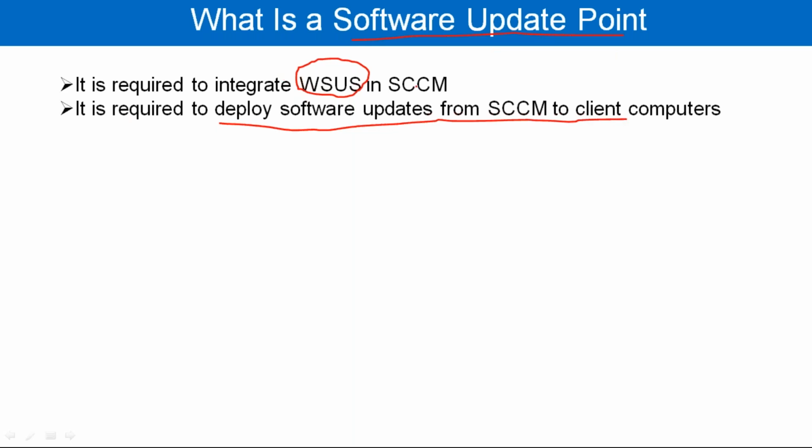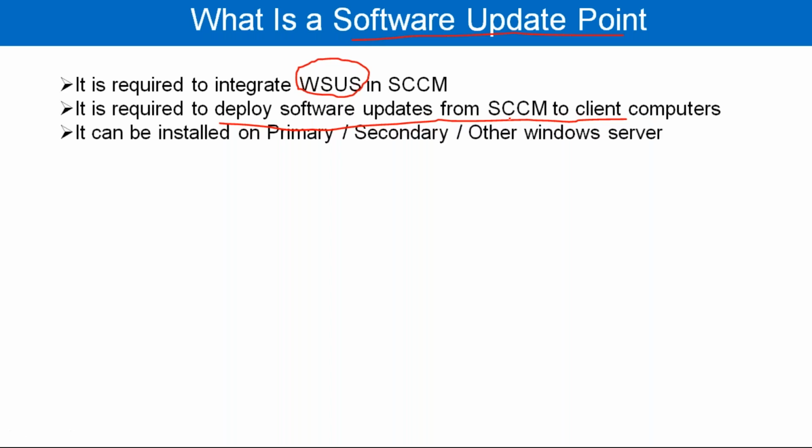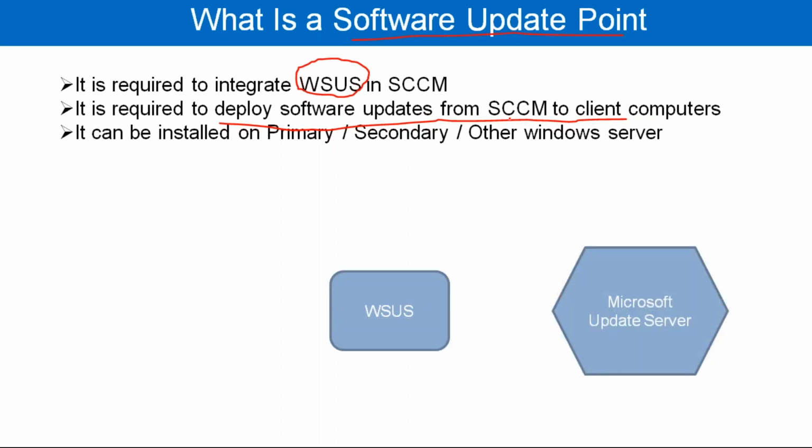So you don't need to go to WSUS. You can use software update point to deploy updates to client computers using SCCM. It can be installed on primary, secondary, or any other Windows server. Currently, WSUS talks to the Microsoft Update Server.